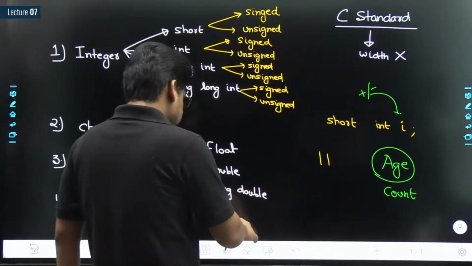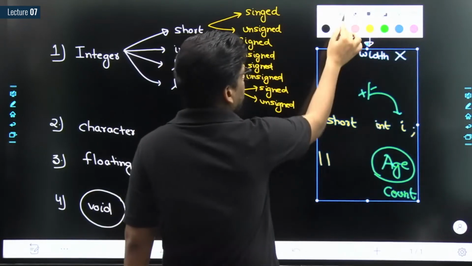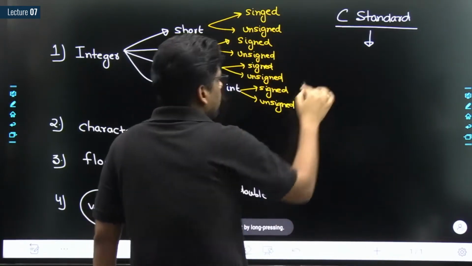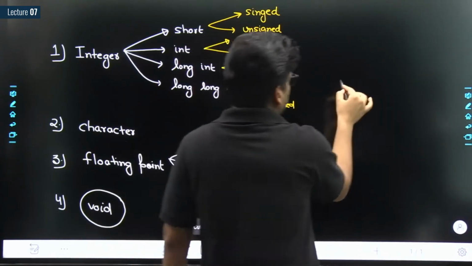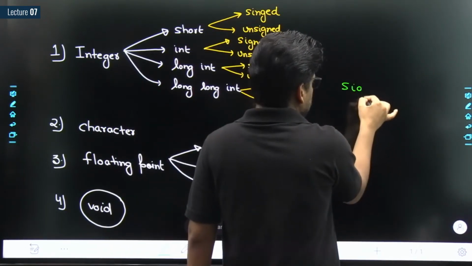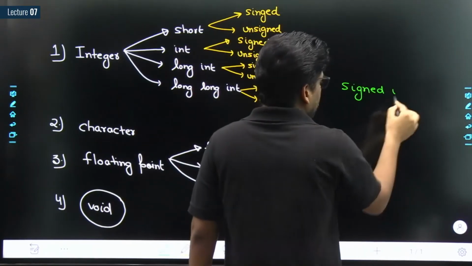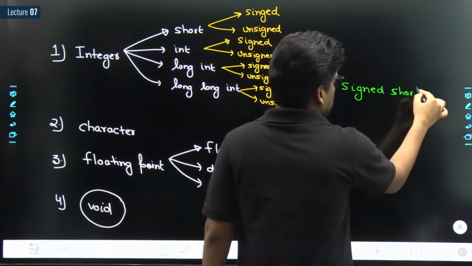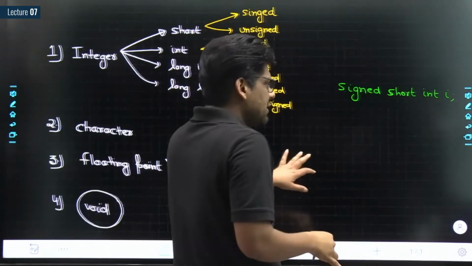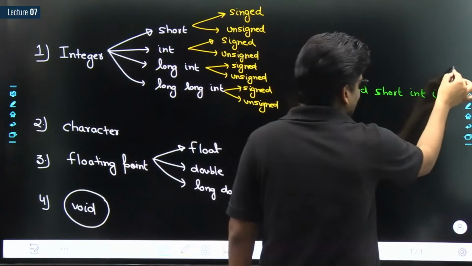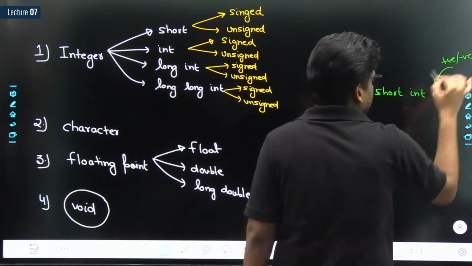Please try to understand this. If you write signed short int I, you are saying that I can hold positive as well as negative integers.